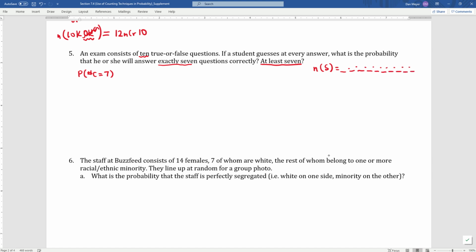Did I get 10? 1, 2, 3, 4, 5, 6, 7, 8. I got 10. And since it's true or false, there are 2 possibilities for each question. So that'd be 2 to the 10th.